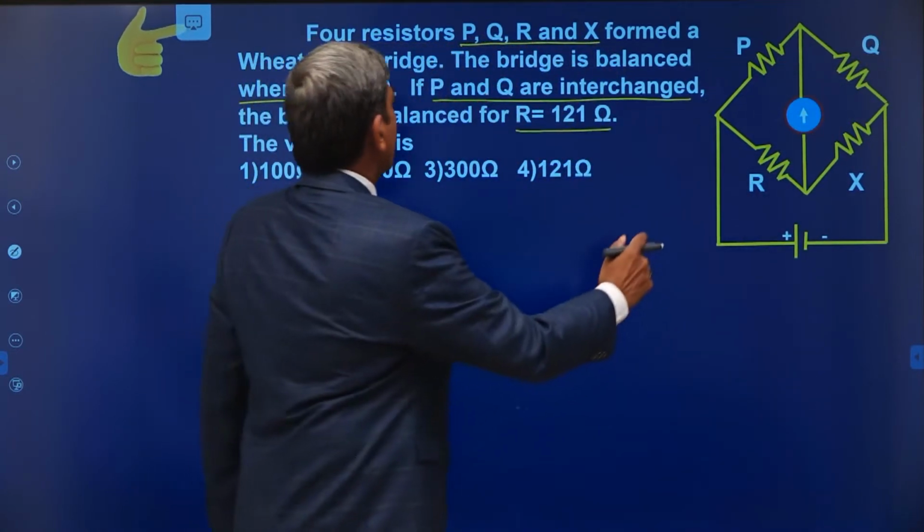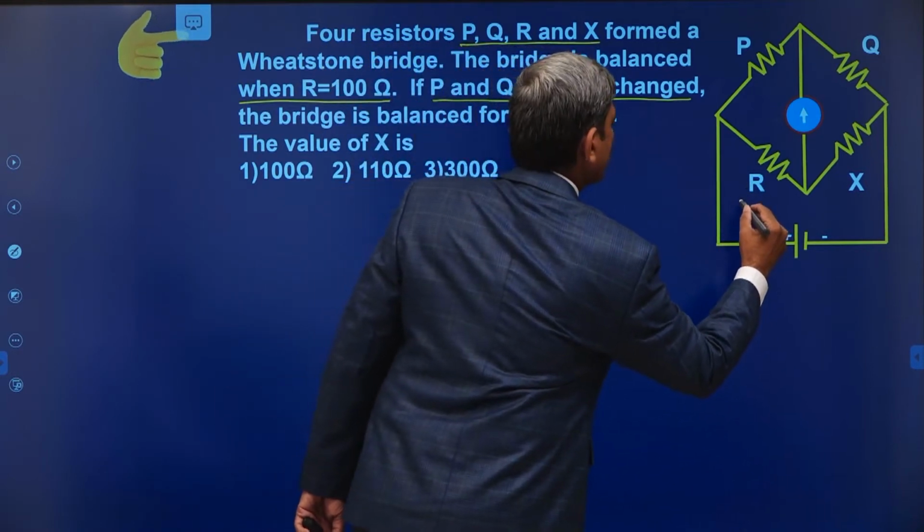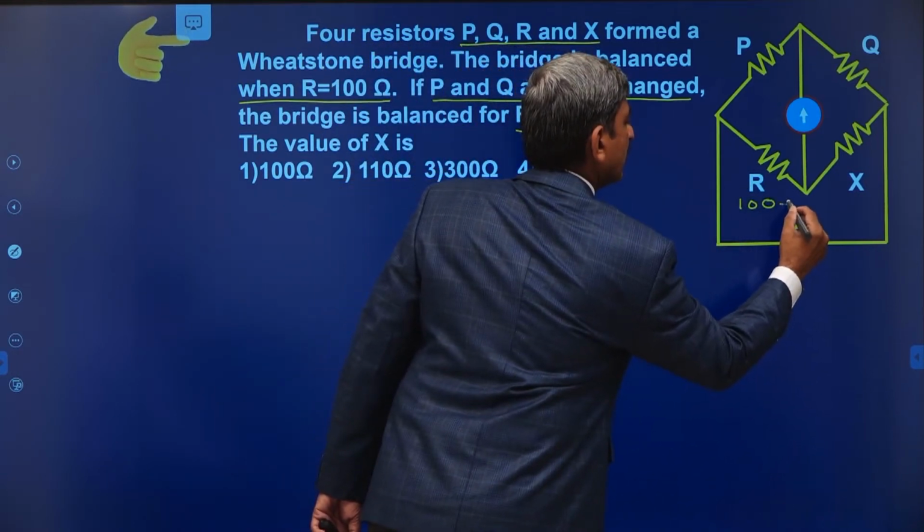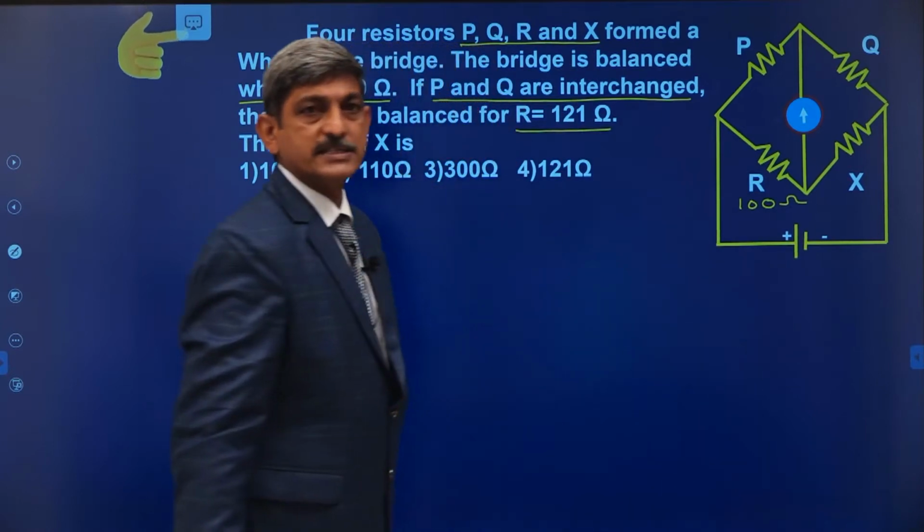When R is equal to 100 ohms, it is given that the bridge is balanced.